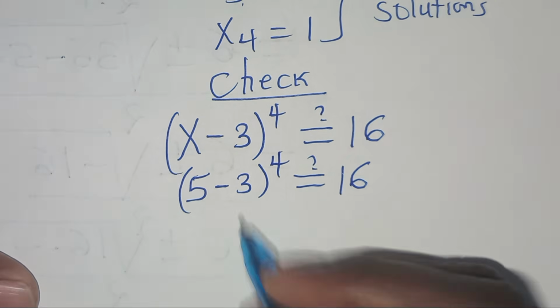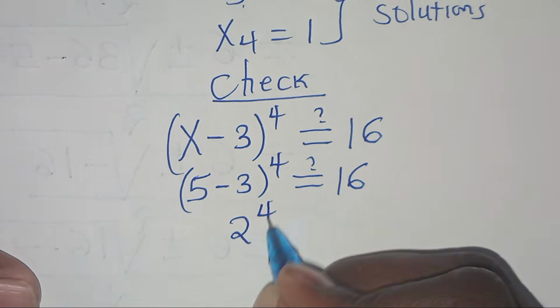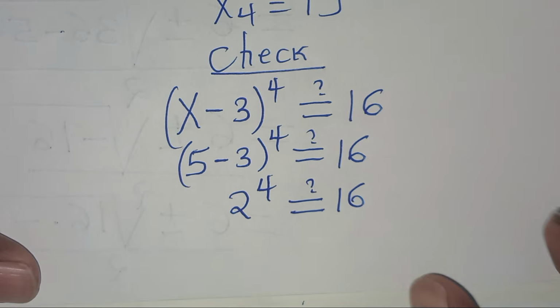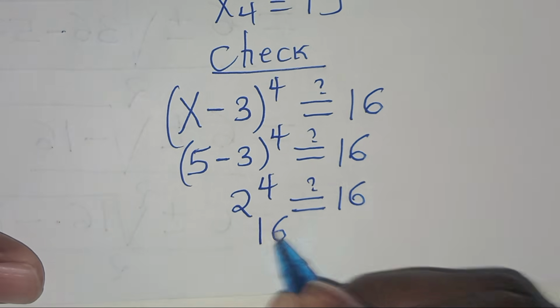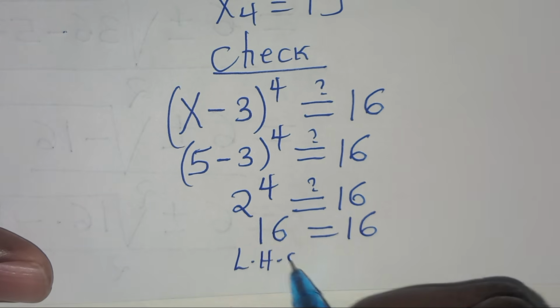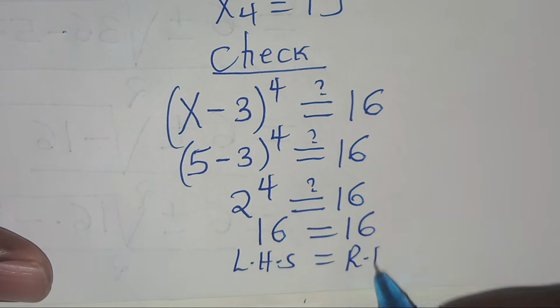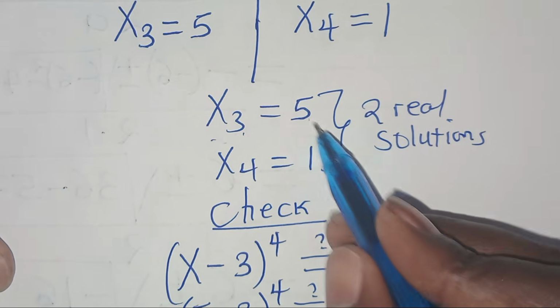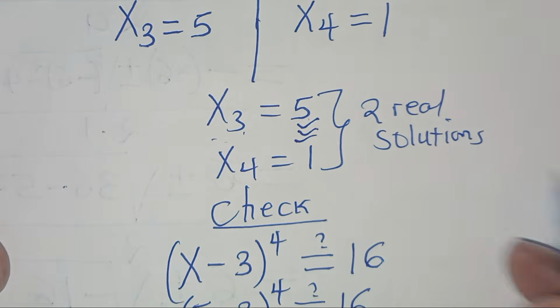So 5 minus 3, this is 2 raised to the power of 4. 2 to the power of 4, this is 16, which is equal to 16. So the left hand side is equal to the right hand side. And this confirms that x3, which is equal to 5, satisfies the equation.